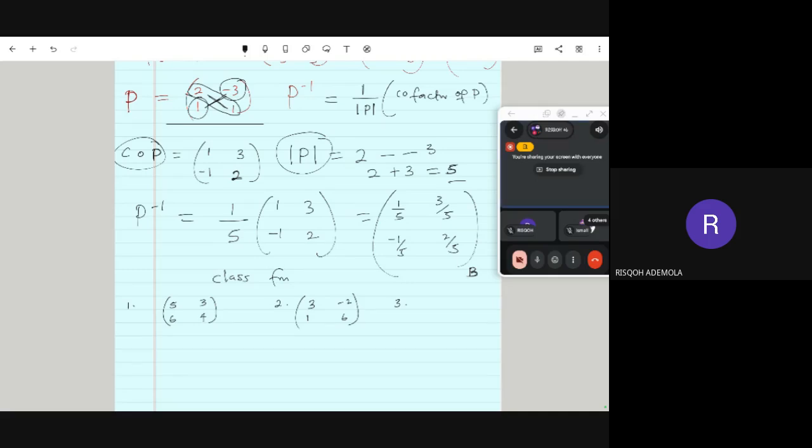Okay, let's write down this one. These two questions only. You want to find the inverse. So A is find A inverse. B is find B inverse. Quickly, just 2 minutes.